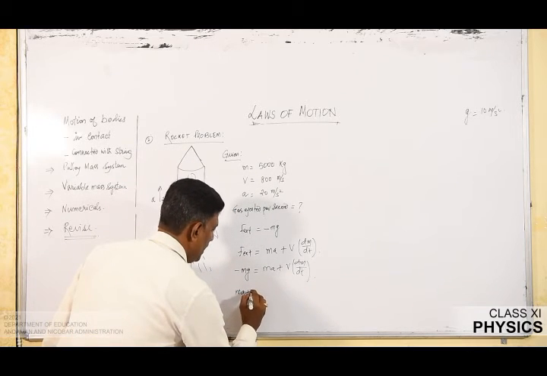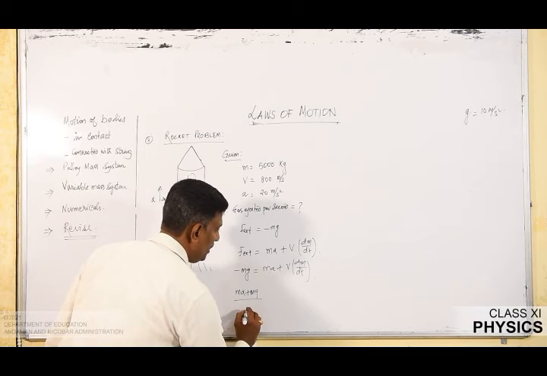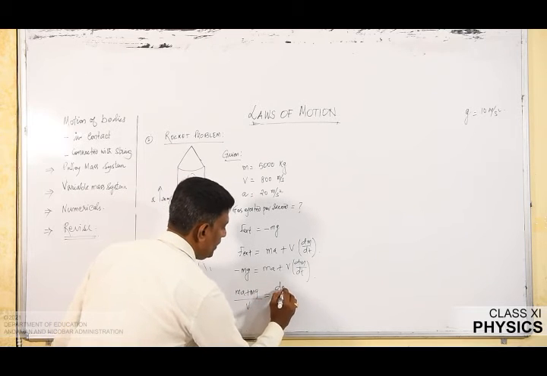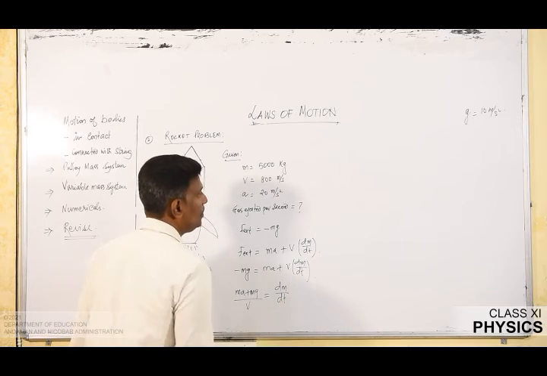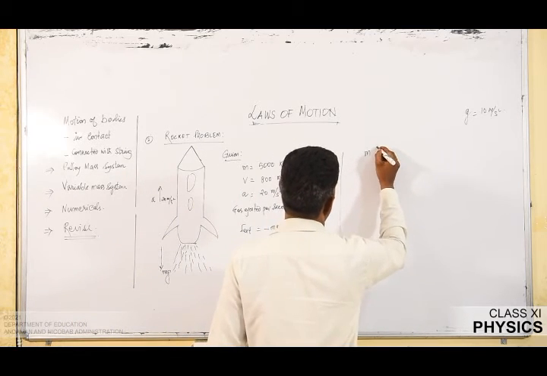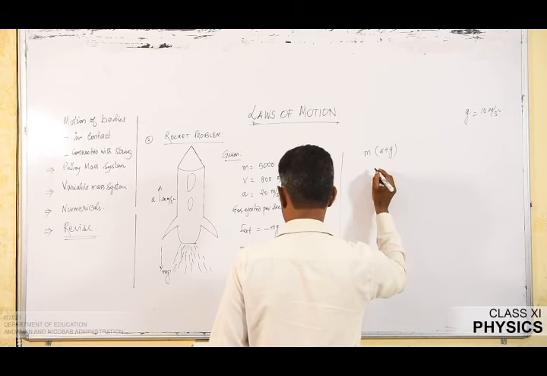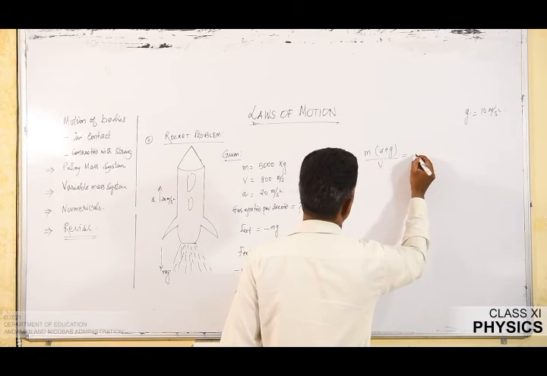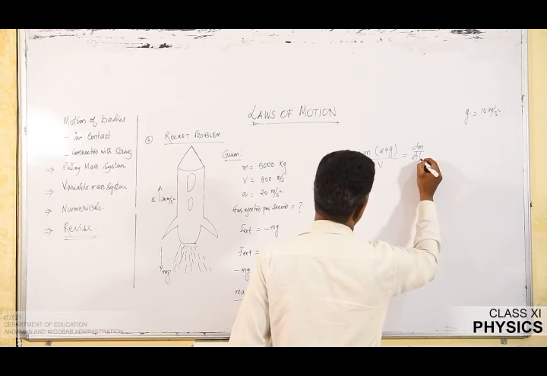So m(a plus g) divided by V is equal to dm by dt.